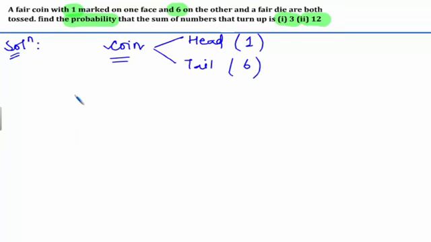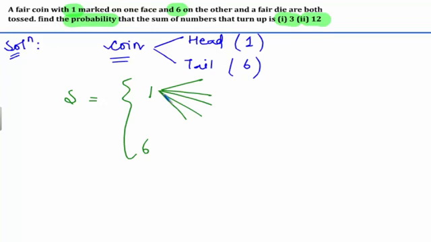So first let us make the sample space. First the coin is tossed. So the outcome is either a head or a tail, that is 1 or 6. Then a fair die is tossed. So after this there are 6 possible outcomes, and we have 1 1, 1 2, 1 3, 1 4, 1 5 and 1 6.